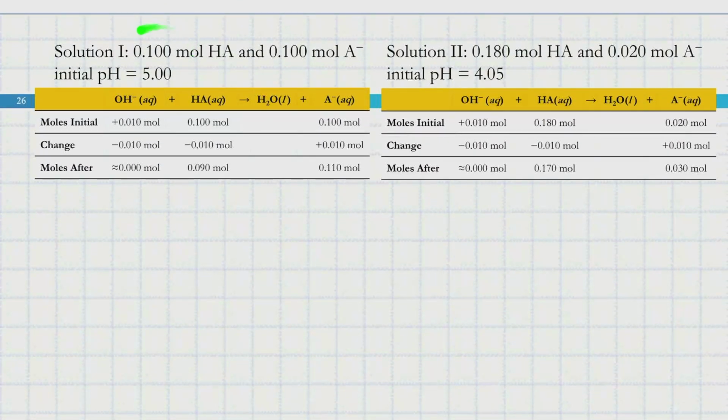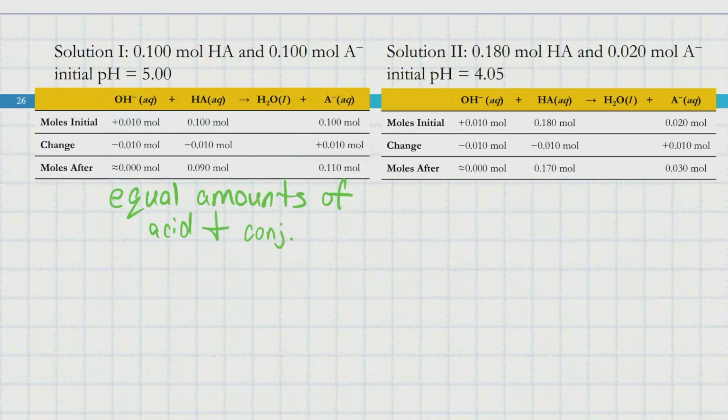So for solution 1, we've got equal amounts of acid and conjugate base. In case I haven't pointed it out before, this little leg connecting the bottom and the side makes that an "and" instead of a plus.